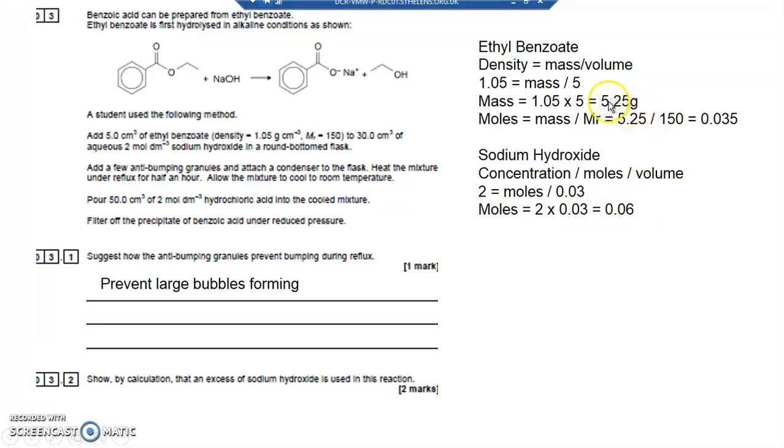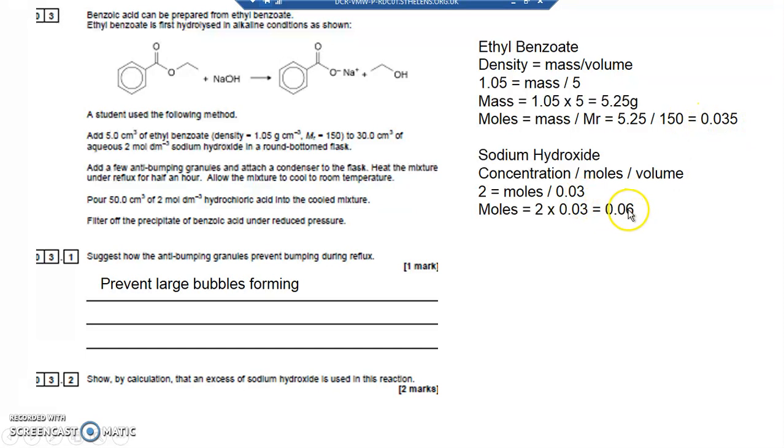Now I've got a mismatch because I've got 5.25 grams of ethyl benzoate and I've got 0.06 moles of sodium hydroxide, and I need to compare the two to answer the question, show that sodium hydroxide is used in excess in this reaction. But I've been given the MR of ethyl benzoate and I've got the mass, so moles is mass divided by MR, otherwise I wouldn't be given the MR. So moles is 5.25 divided by 150, 0.035.